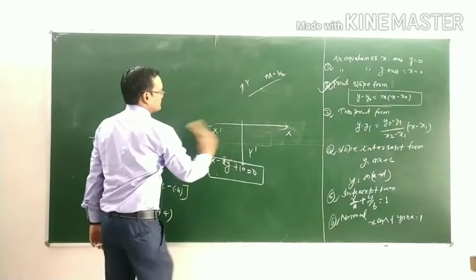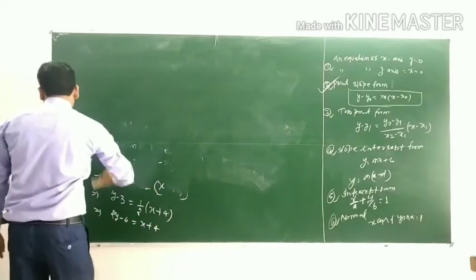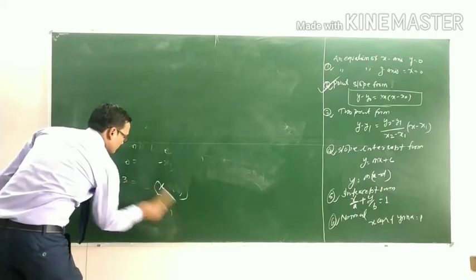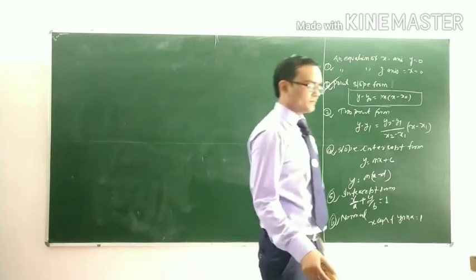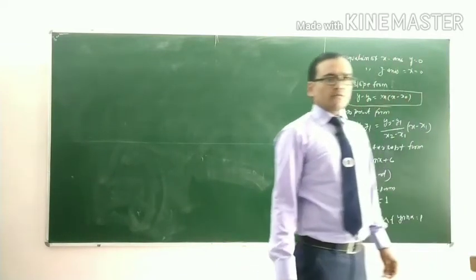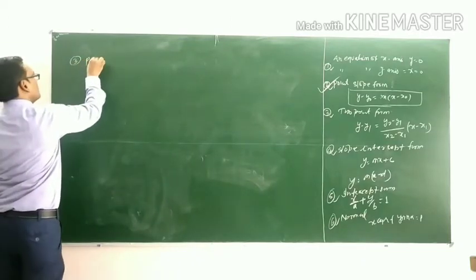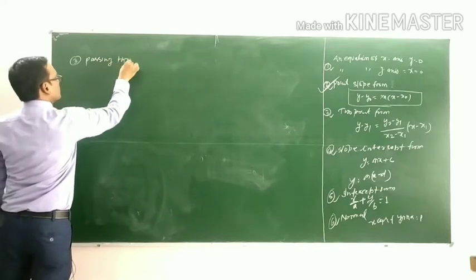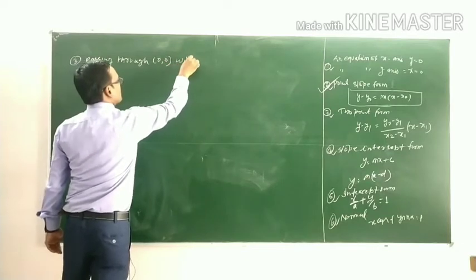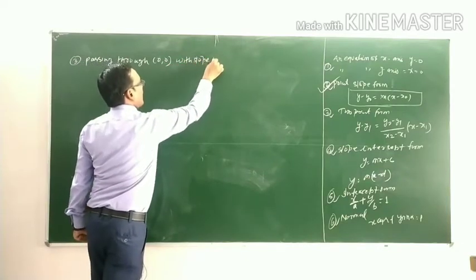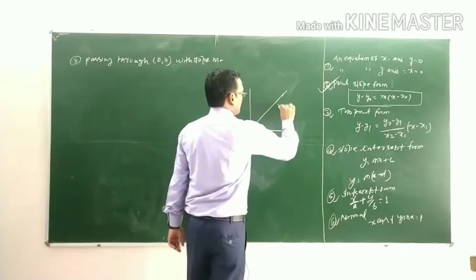Question number 3: find the equation of the straight line passing through 0, 0 with slope m.